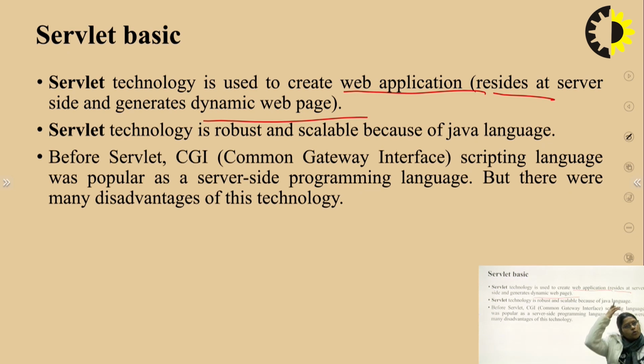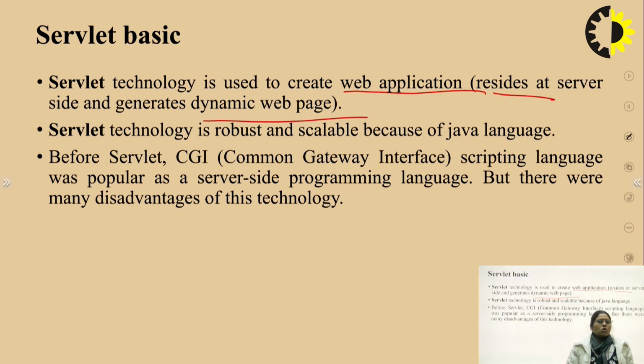So if we want to update anything on the server, it will reflect on the client. Servlet technology is very robust and scalable because of the Java language, because these servlets are written in Java. Before the servlet, we used CGI.